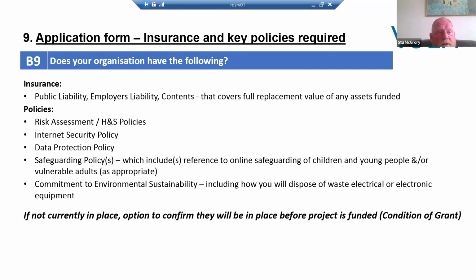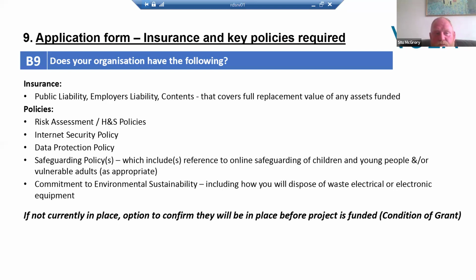Insurance-wise, obviously you need public liability, employees' liability, and content insurance, so that it covers the replacement value if anything happens to them. We don't need copies of policies. You just need to confirm on the form that you've got them in place. Or if you don't have certain things in place, there's a box to tick to say we haven't, but we will have before you fund us.